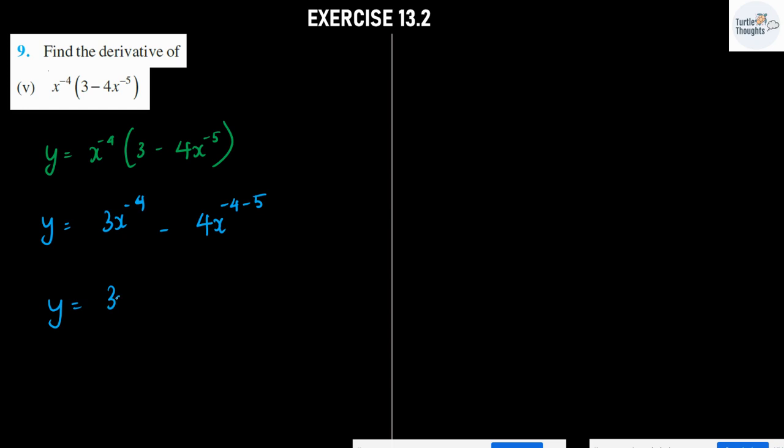y is going to be equal to 3x raised to the power minus 4 minus 4x raised to the power minus 9.